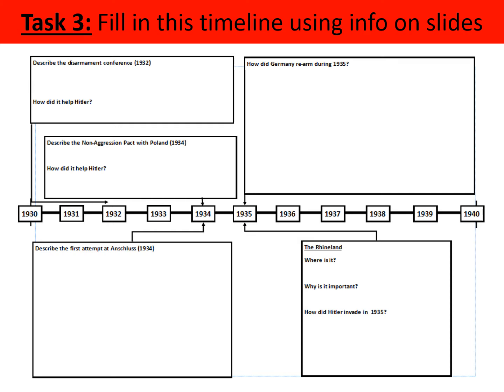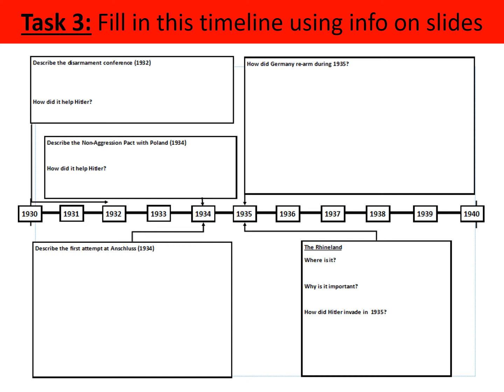All of these, as I said, are things that Hitler did in order to achieve his aims of foreign policy. What it might be good to do to make this clearer to you once you finish is to colour code each box so that you can see if they meet a different foreign policy aim. So you could say anything to do with reversing the Treaty of Versailles, I'm going to just do a little highlight box around it in yellow or something like that. Yeah?